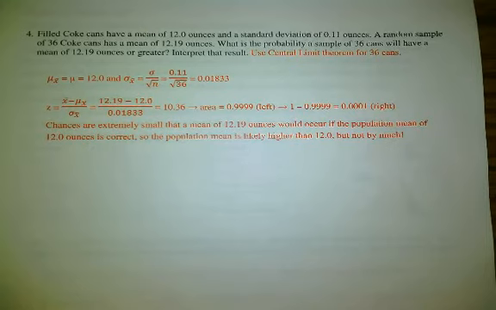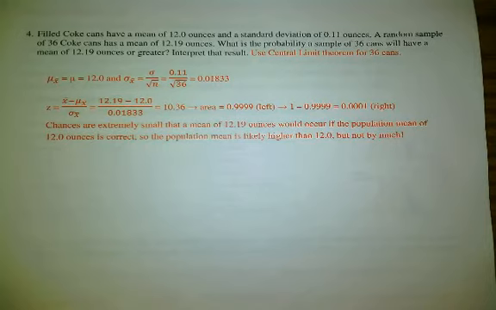And in fact, since it's past the 3.5, we just say 0.9999 to the left, which when we subtract from 1, because we wanted to know 12.19 or greater, that's why we had to do the subtract part, we come out with 0.0001, so basically less than 1% of 1%.